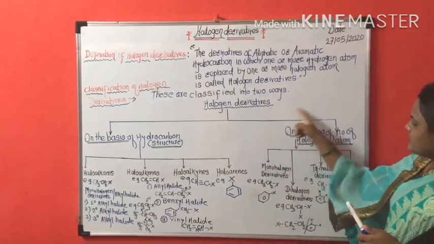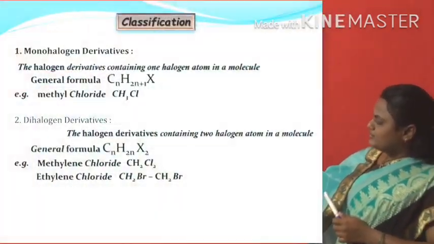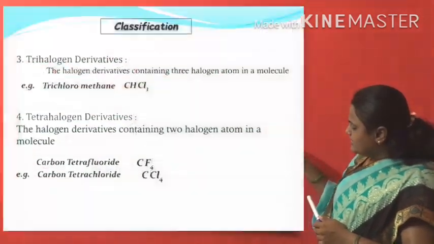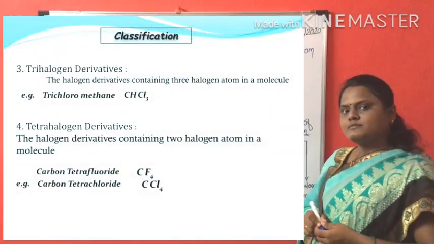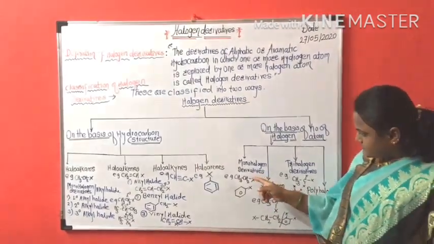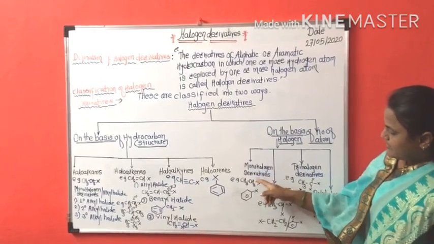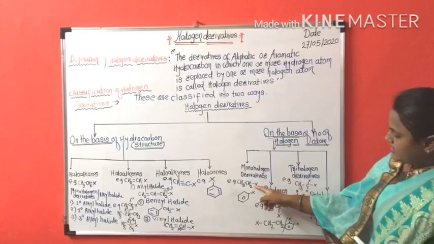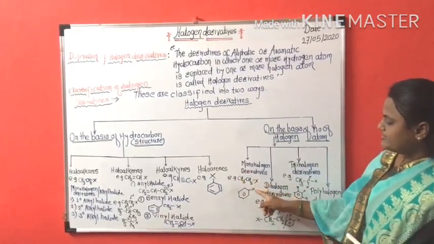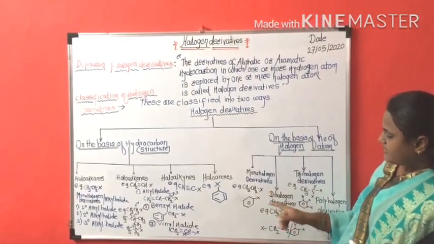And the second classification, on the basis of halogen atoms, is into monohalogen derivatives, dihalogen derivatives, trihalogen derivatives, and polyhalogen derivatives. In monohalogen derivatives, one hydrogen atom is replaced by one halogen atom in alkanes and arenes. In dihalogen derivatives, two hydrogen atoms are replaced by two halogen atoms in alkanes and arenes.